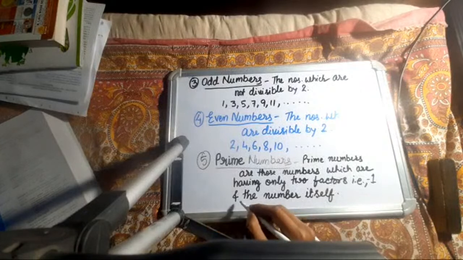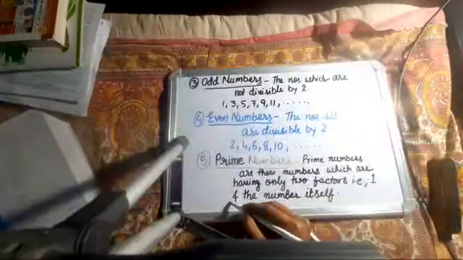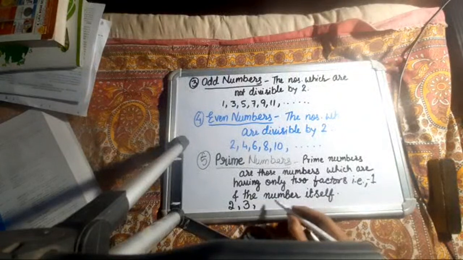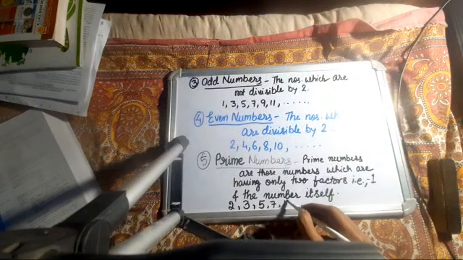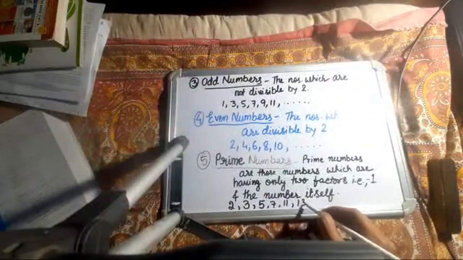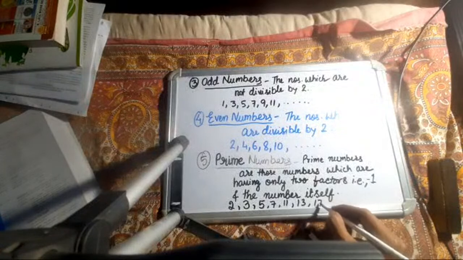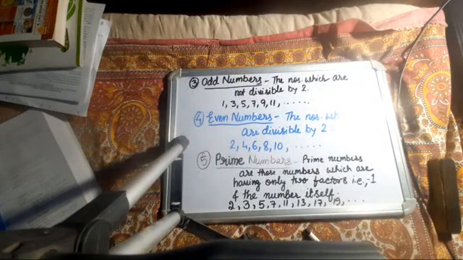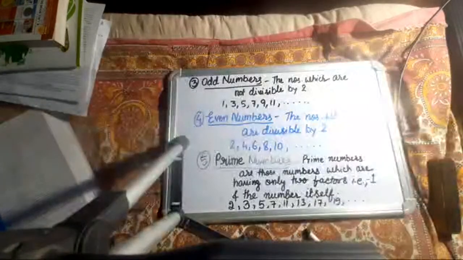Like the first prime number is 2, then 3, then 5, 7, 11, 13, 17, 19, and so on, 23, then after that 29, 31, and so on.